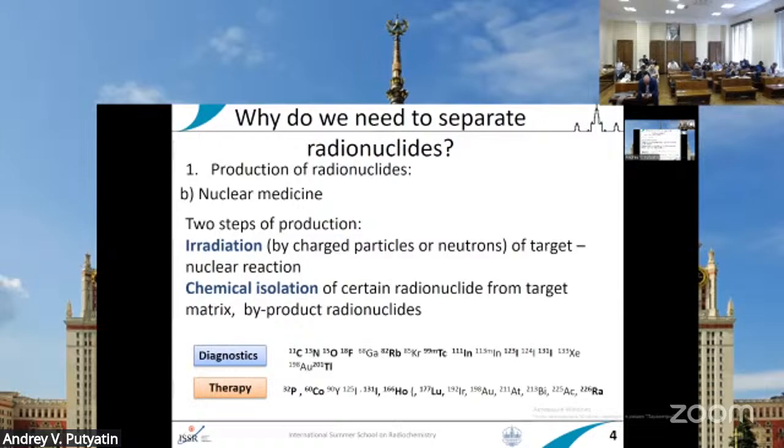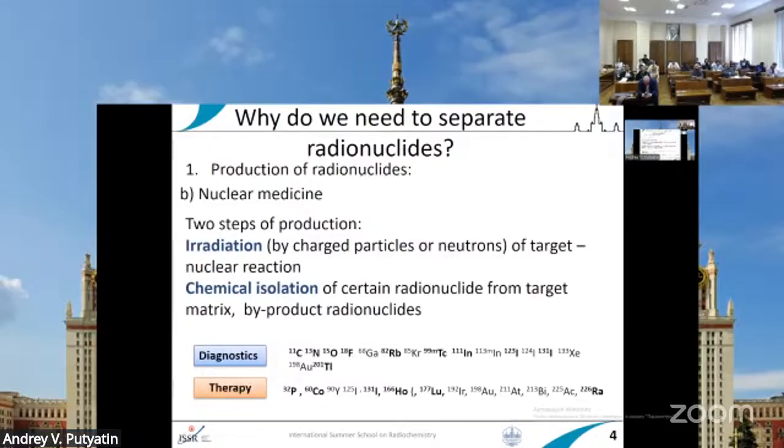Another very wide branch of radiochemistry and separation science is the production of radionuclides for nuclear medicine. Here you can see a wide range of examples of radionuclides that are used for diagnostics and for therapy.